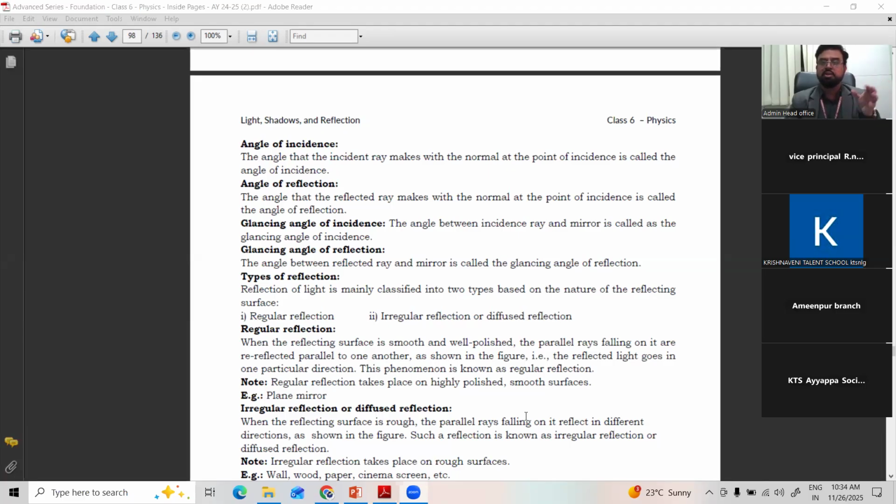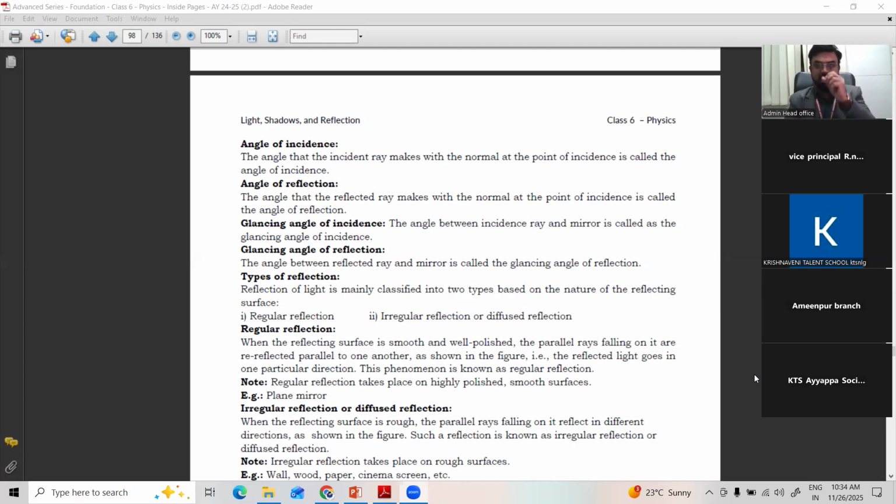After knowing all that, we entered one of the important properties of light, reflection. Right? Reflection is the returning back of light into its original medium after hitting a surface.